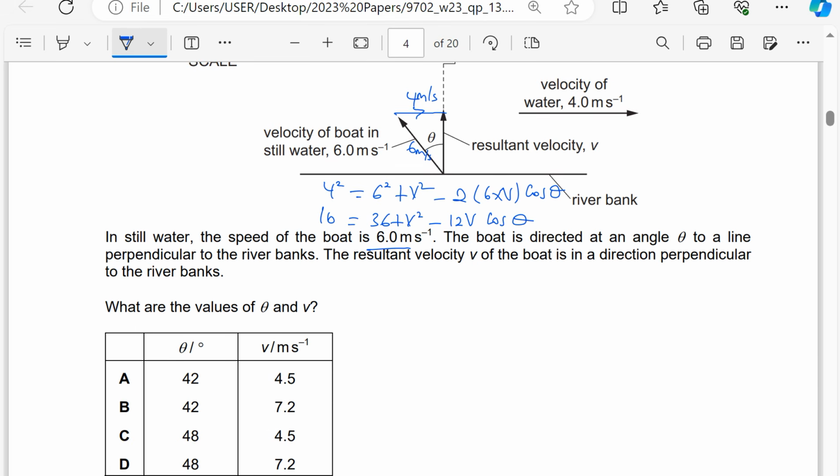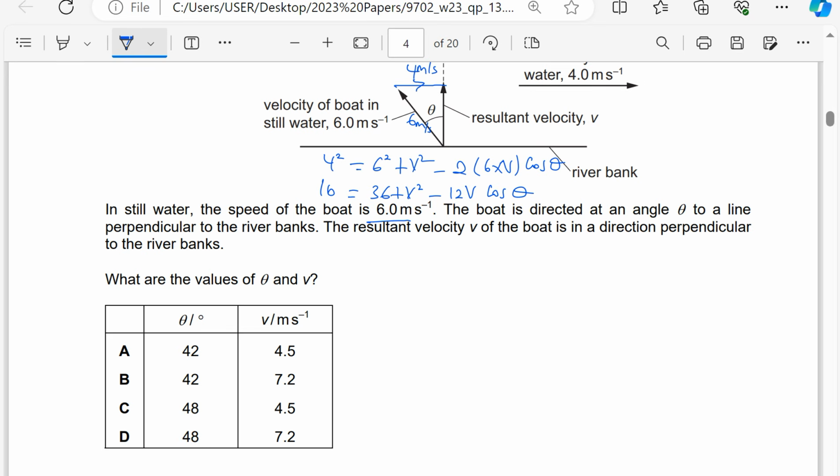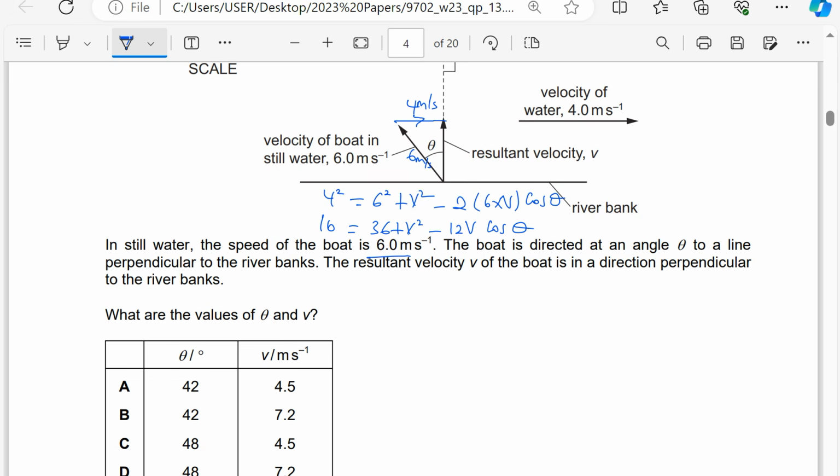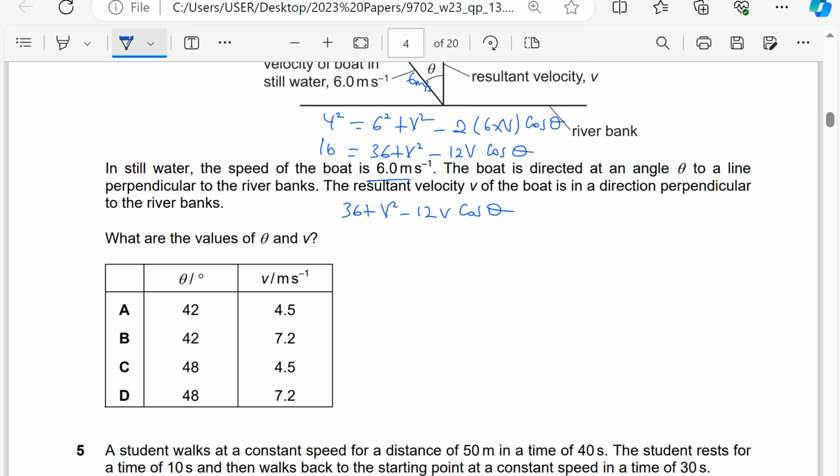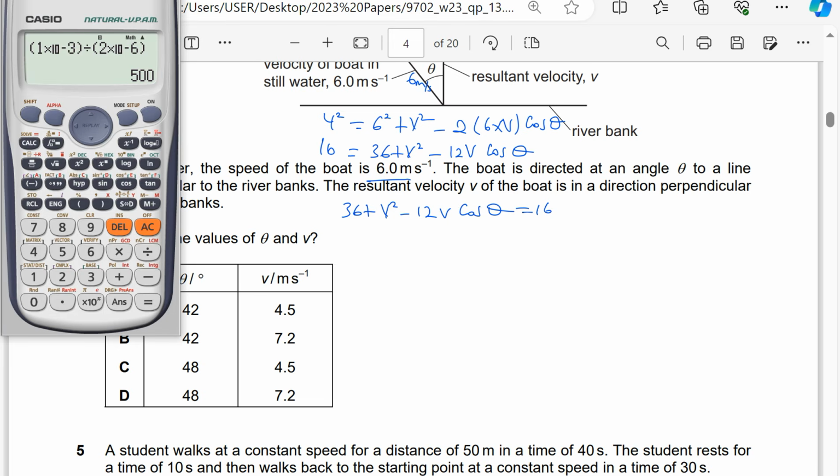So I'll just check which pair would give me 16 on the right hand side. I want to check 36 plus v squared minus 12v cos theta to see which pair gives me 16. This should be equal to 16. So I'll just substitute.